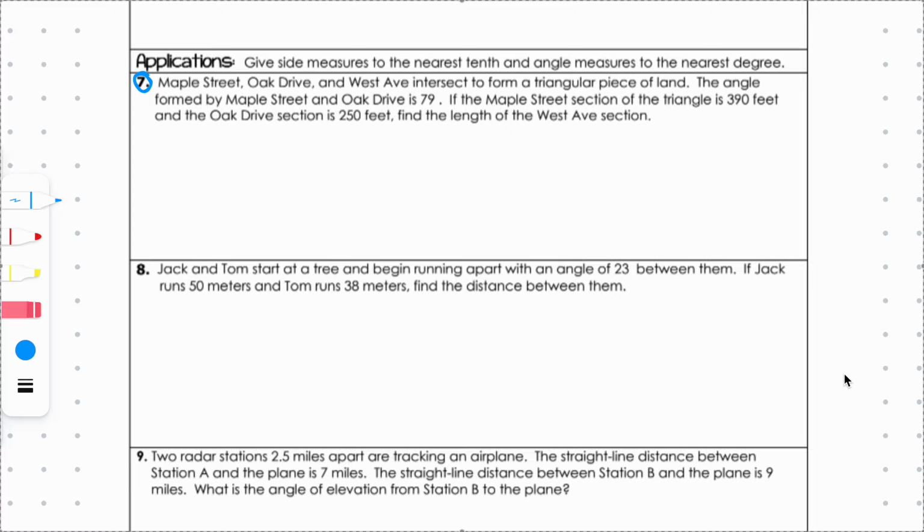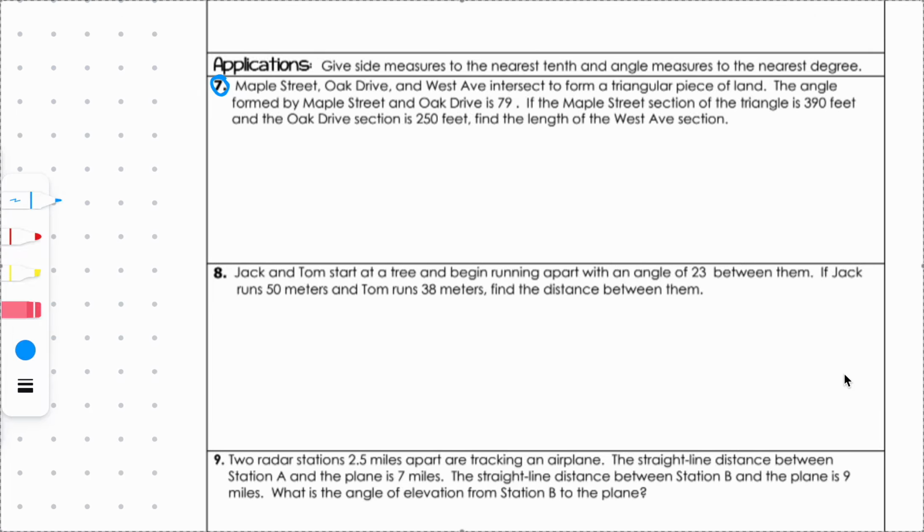If the Maple Street section of the triangle is 390 feet and the Oak Drive section is 250 feet, find the length of the West Avenue section. So we're given three pieces of information: two side lengths and an angle measure.